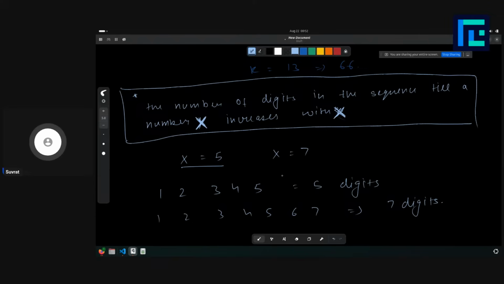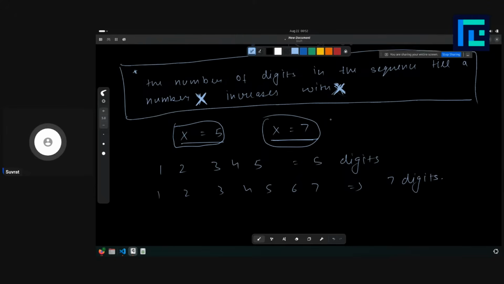This is pretty obvious because when we take a higher number, all the digits till that lower number would also be present in the higher number. So the number of digits in the sequence till a number x increases with x.